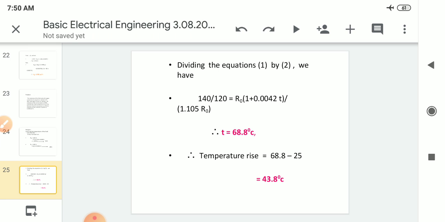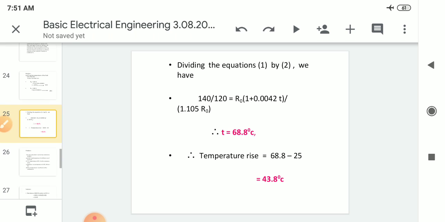In the question, what is the value at initial condition? 25 degrees. But after solving these two equations, we are getting the value of T as 68. What is the difference in temperature rise? The final temperature minus the initial 25 gives the rise of 43.8 degrees.